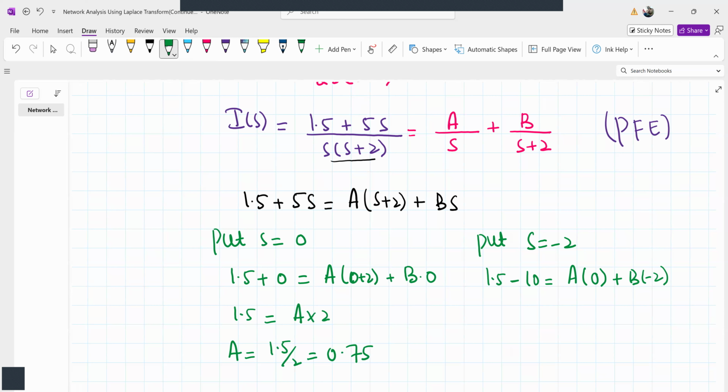If you simplify this, -8.5 will be equal to A into 0, that is 0, minus 2 into B. So what will be the value of B? B will be simply 8.5 divided by 2, since minus and minus will cancel. So this will be 4.25.